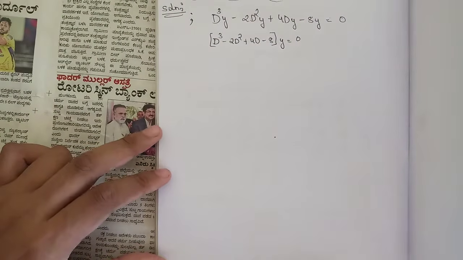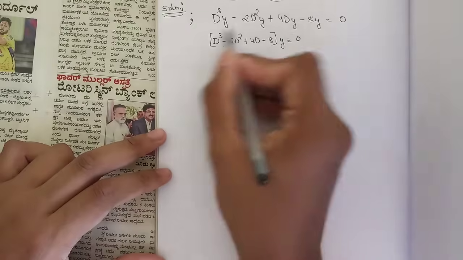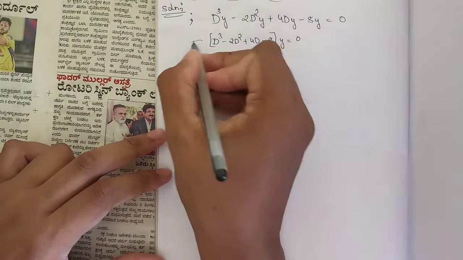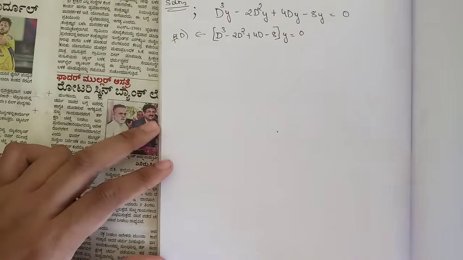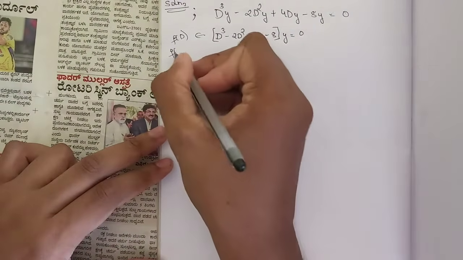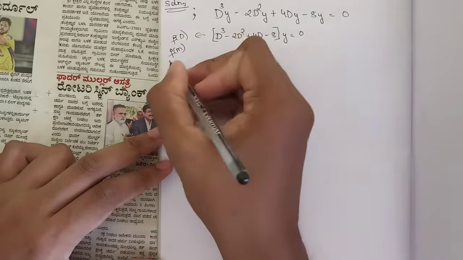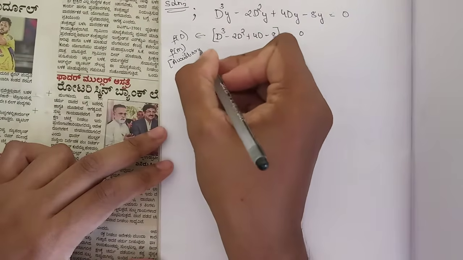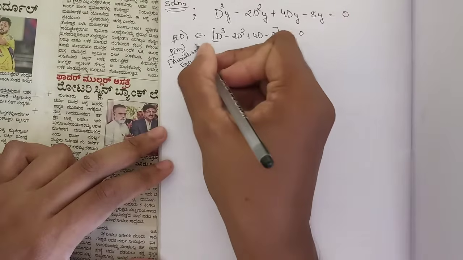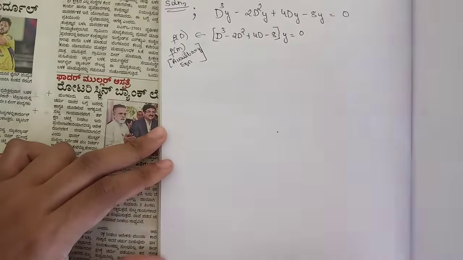So now whatever is there in this bracket, this corresponds to f of d. f of d means the function of d. Now we need to replace it by f of m, where this f of m is called the auxiliary equation. In order to solve these kinds of problems, the first thing we need to do is replace f of d by f of m.